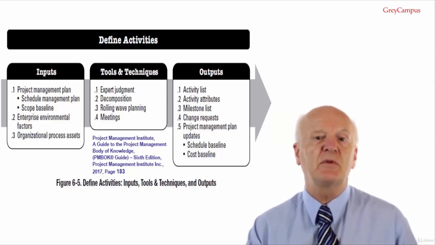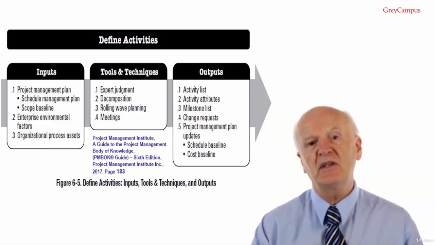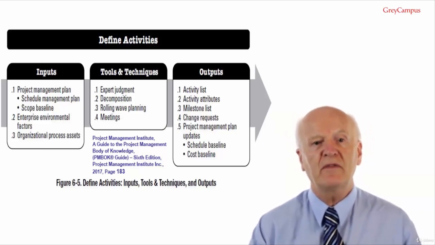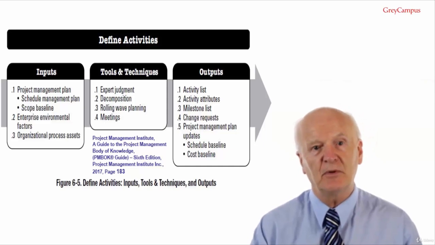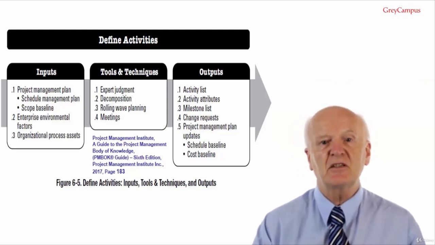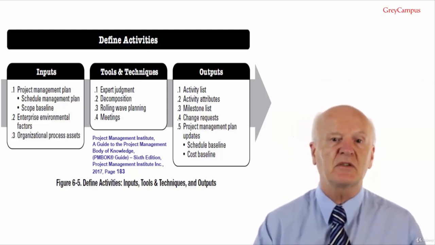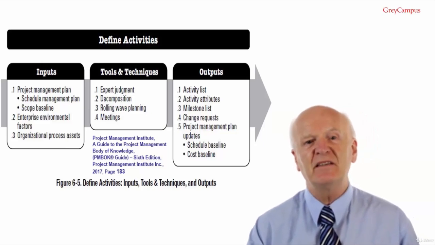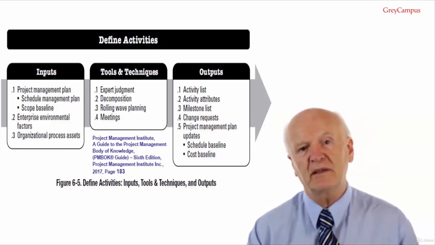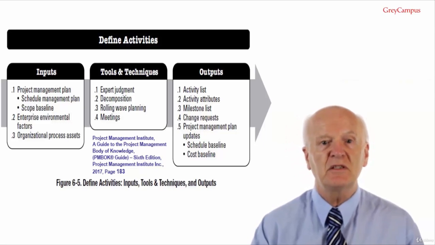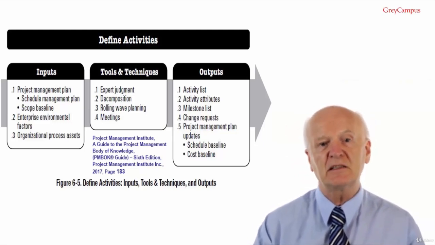The define activities process defines the final outputs as activities rather than deliverables, as done in the create work breakdown structure process. The activity list, work breakdown structure and work breakdown structure dictionary can be developed either sequentially or concurrently, with the work breakdown structure and work breakdown structure dictionary used as the basis of the development for the final activity list.